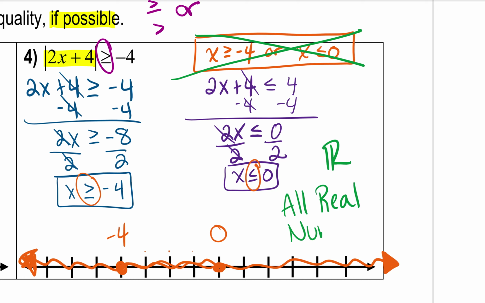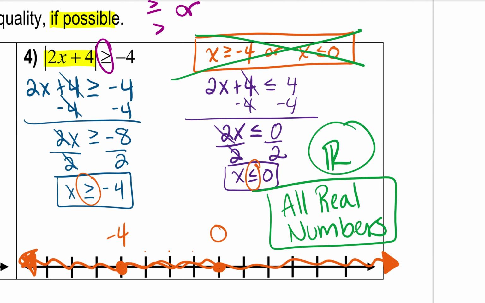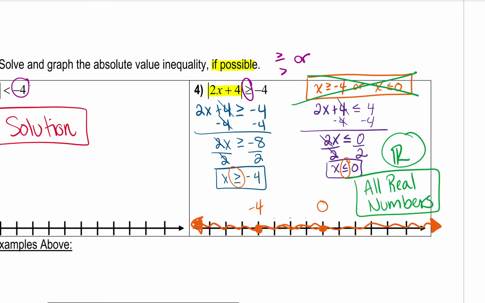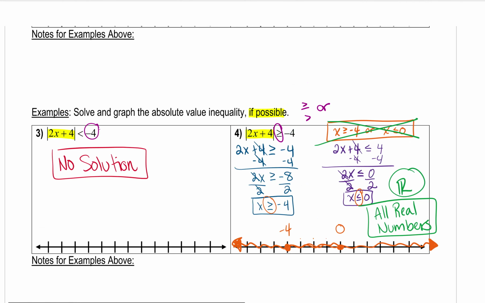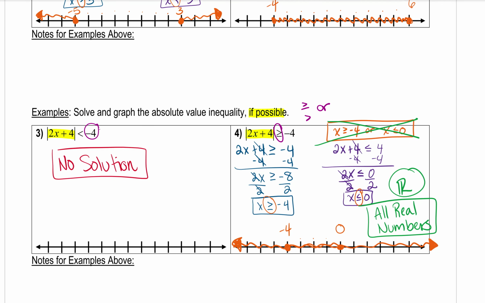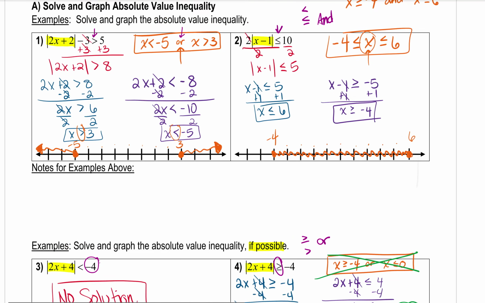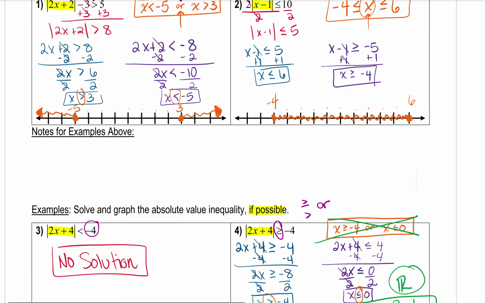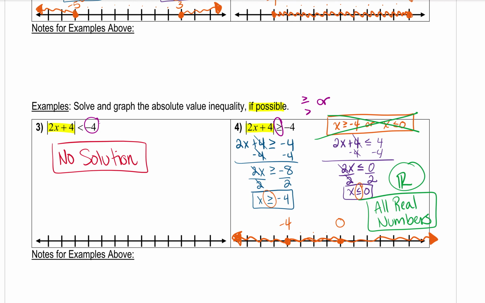However you want to write it is up to you. So I can do the symbol, or I can just write all real numbers. Either way, this is a special solution, which is why it's down here by itself. And that's it for absolute value inequalities. So you have your normal ones, your AND and OR, and your special ones, your no solution, and your all real numbers.